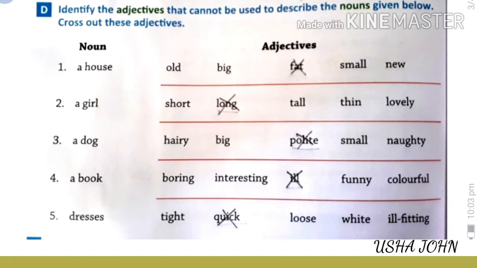The noun is given on one side, and the adjectives are given on the other. You have to find out which adjective is not suitable for that noun.